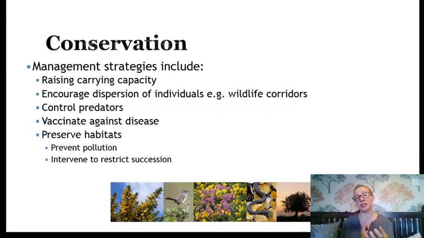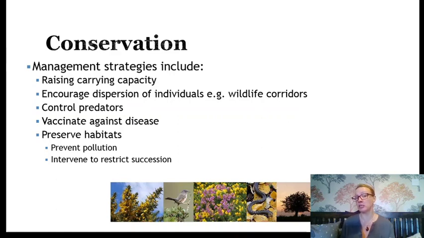But quite often, actually, you have multiple threats. So it's not just one thing, it's multiple things. So with something like the koala, yes, they've got diseases and that is an issue, but also they've got habitat loss as well. And things like the big fires that they had going through Australia, those were a big threat to the koala populations.